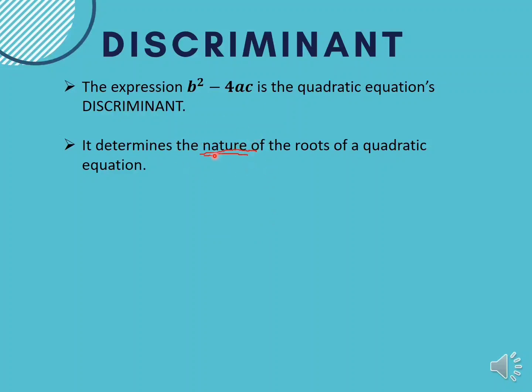We can determine the nature or what kind of roots we are going to obtain through the discriminant, or just finding the value of b squared minus 4ac, even without actually solving for the roots. Meaning to say, kahit hindi pa natin nasosolve yung x sub 1 at si x sub 2 or yung roots ng quadratic equation, we can already determine the nature of the roots by just having the discriminant.